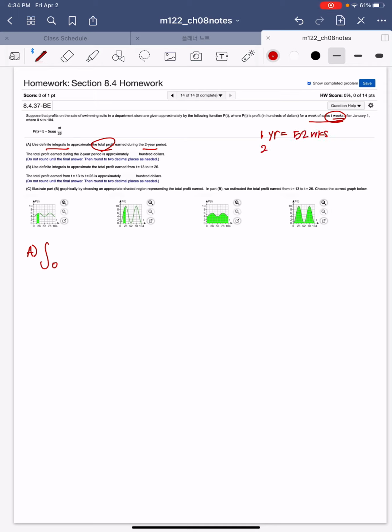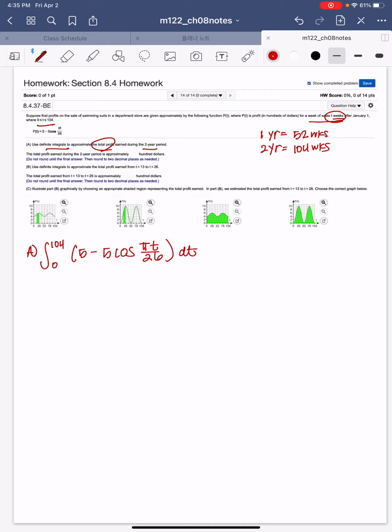So double that, 2 years. How many weeks are there? 104 weeks. So basically, we are going from 0 to 104. Okay, so be careful with the different units. You need to convert it into 1 unit. And then integrating from 0 to 104, 5 minus 5 cosine pi t over 26 dt.